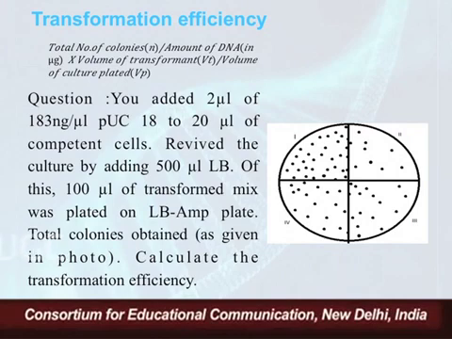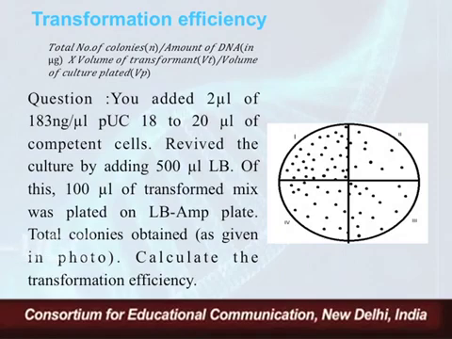So let's look at one question and try to do it. You added 2 microliters of 183 nanogram per microliter pUC18 to 20 microliters of competent cells. Revived the culture by adding 500 microliters LB. Of this, 100 microliters of transformed mix was plated on an LB ampicillin plate.